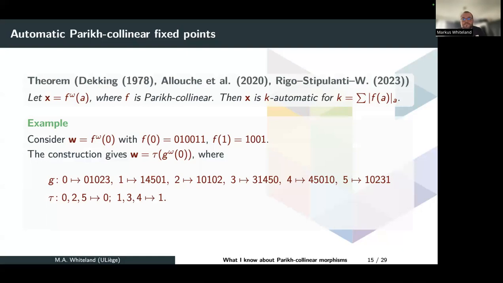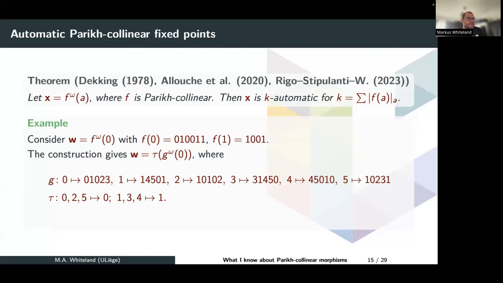I will point out that here we're allowing erasing morphisms, while it's unclear, or it's explicitly stated in these papers of Dekking and Allouche that you're considering non-erasing morphisms, although the construction is straightforward for erasing ones as well.